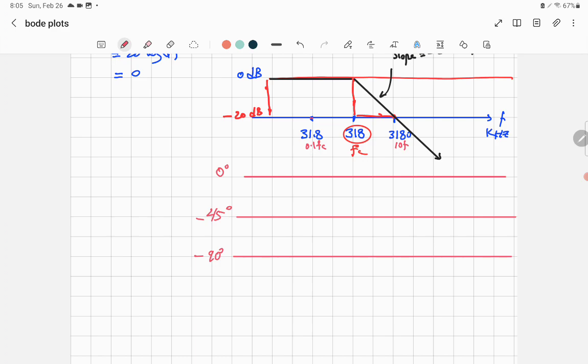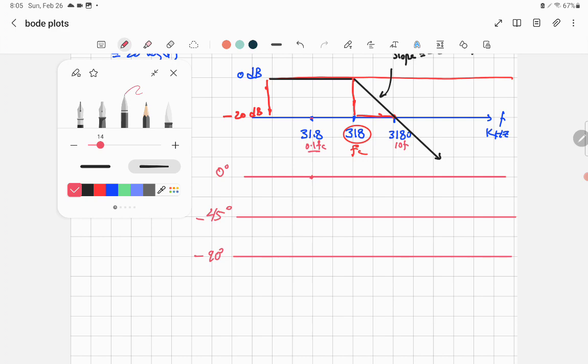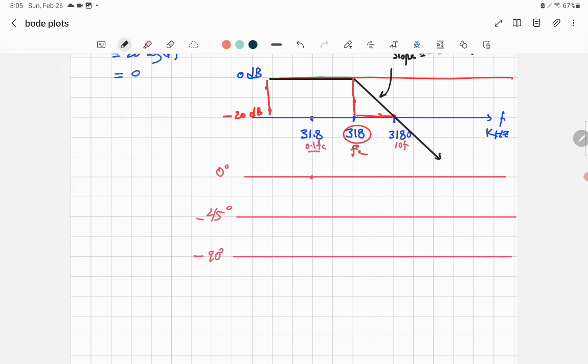Up to 0.1 fc, anything before will be 0. So it will be going in this direction along 0. At fc it is equal to negative 45. At 10 fc it will be equal to negative 90.